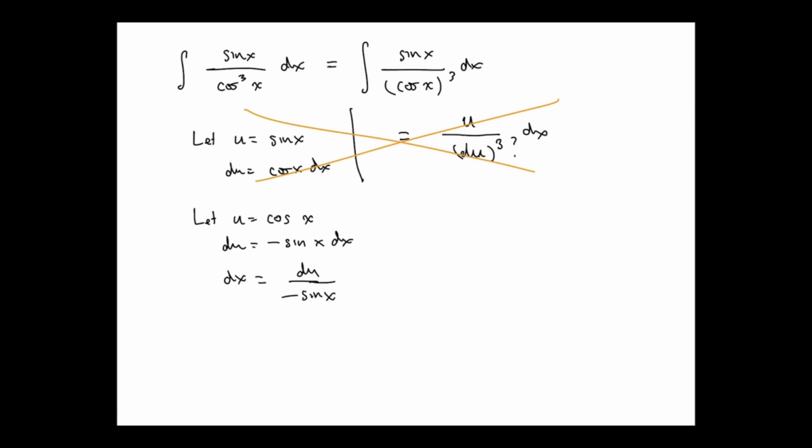Okay? And then if we do our substitution, then the integral is, well, sine x we said was, well, let me actually just leave it like this. I've got u cubed and dx.